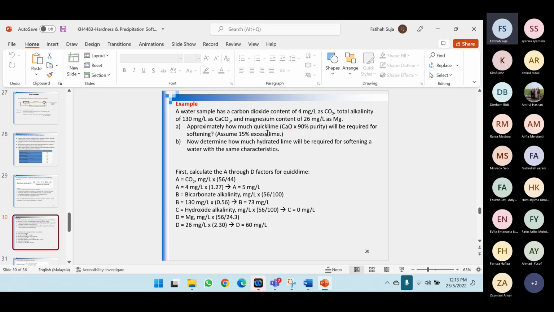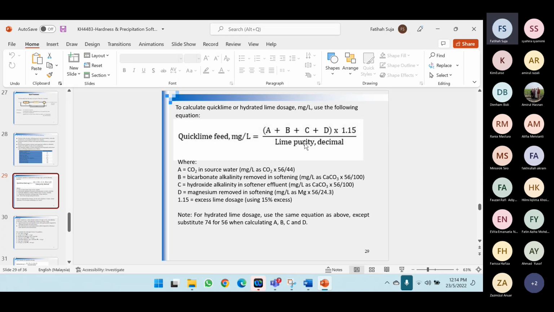So approximately how much quicklime, let's say, because usually when you buy these chemicals off the shelf, it is not 100% purity. Let's say the quicklime is 90% purity, will be required for softening. Assume 15% excess lime.